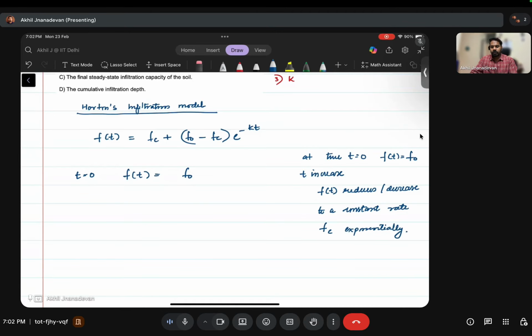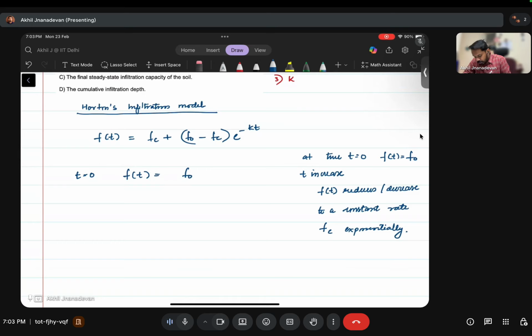Initially at time t equal to 0, the infiltration will be happening at a rate f naught, that is the initial infiltration rate. Then it decreases exponentially until it reaches a constant rate.